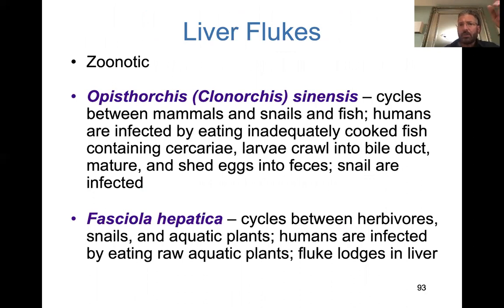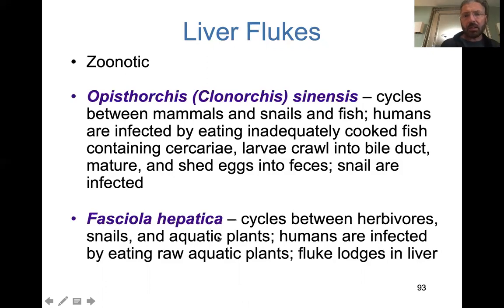We consume this, they crawl into our bile duct and live there, protected. Every time you eat a fatty meal, your duodenum signals your gallbladder to contract, and we release eggs in our feces, and we complete that entire cycle.